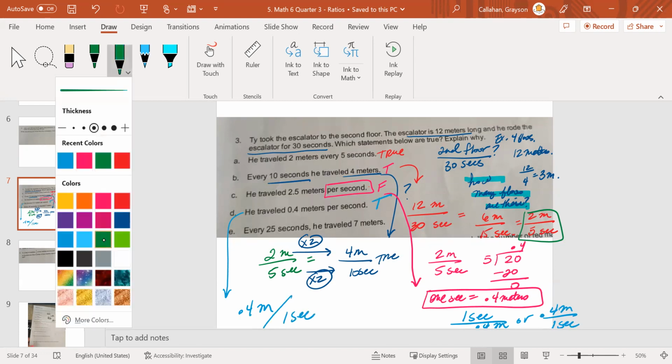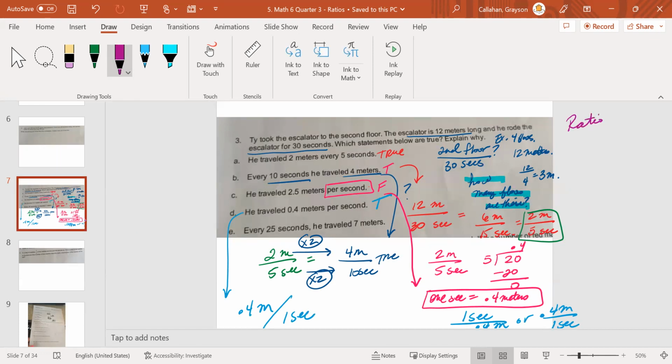For E, it says, for every 25 seconds, he travels 7 meters. Well, that depends. So start with a ratio. And the ratio that we used was 2 meters per 5 seconds, right? Equals, for every 25 seconds he traveled. So it gives you 25 seconds, right?